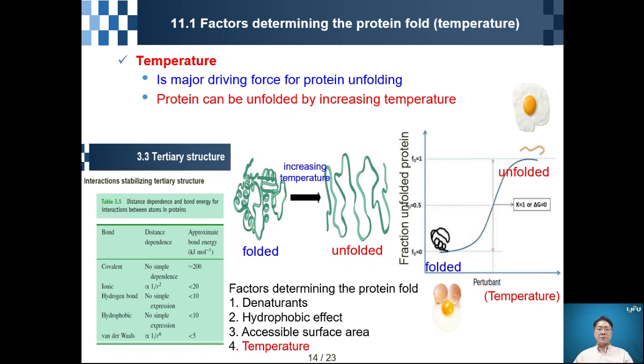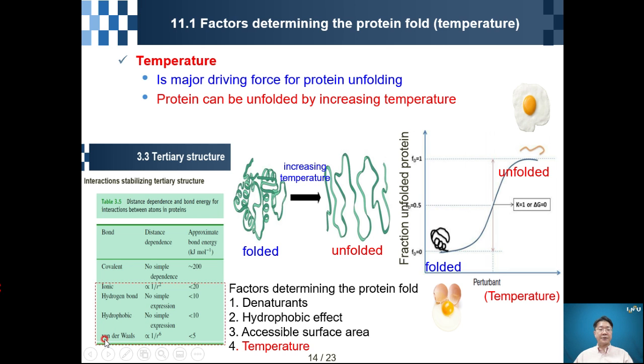Okay, in this slide, I will explain the final factor determining the protein fold. We call it temperature. Previously we learned the interactions stabilizing tertiary structure, starting from the covalent bonding, and also the non-covalent bonding, which is composed of ionic, hydrogen bonding, and hydrophobic effect.